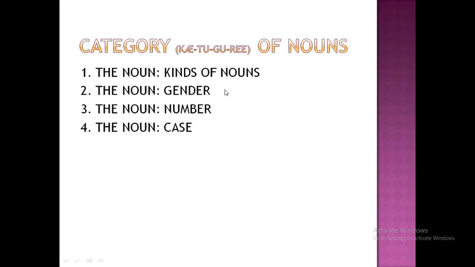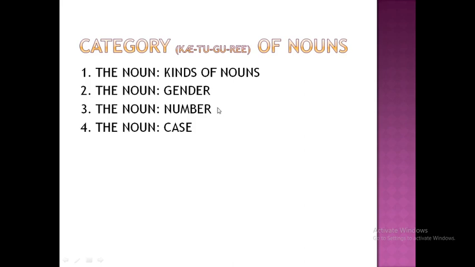When you refer to yourself as a male or female, that comes with a gender, because we refer to our gender when we specify ourselves as a male or female. So that we will discuss in the noun category.